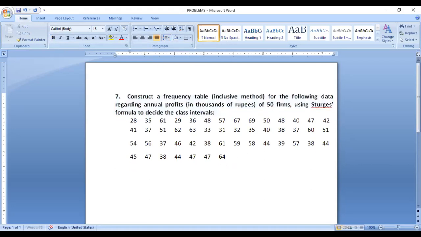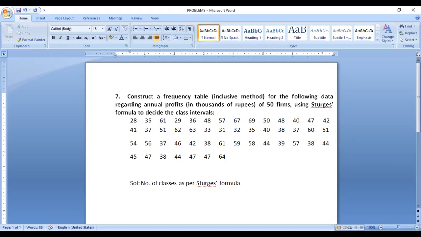Now, solution. Number of classes as per Sturges formula.